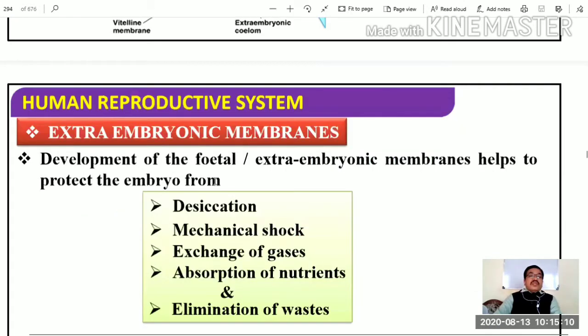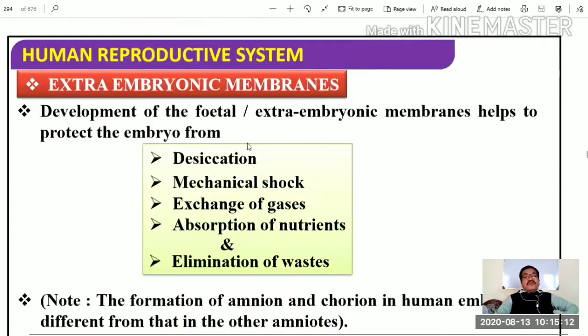The extra-embryonic membranes are expressed by the formation of membranes which help protect the embryo. So the function of the extra-embryonic membranes is to protect the embryo from factors. So what are the factors?